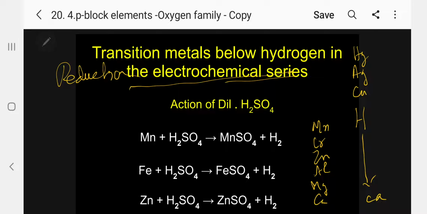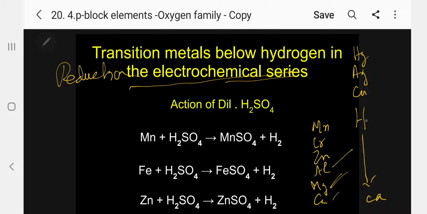We have seen already, according to the Ellingham diagram, if you want to reduce magnesium oxide, you have to heat with calcium. If you want to convert aluminum oxide to aluminum, you have to use magnesium. So a more electropositive metal will replace the less electropositive metal so that a stable oxide will form, liberating the metal. This is the basic principle of the Ellingham diagram. So this you have to memorize, please.